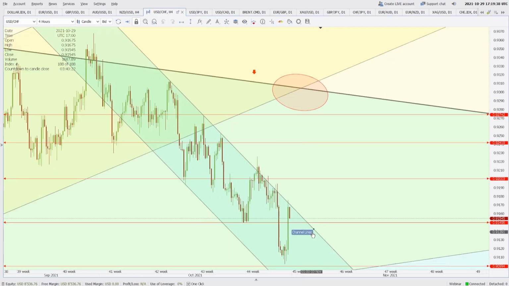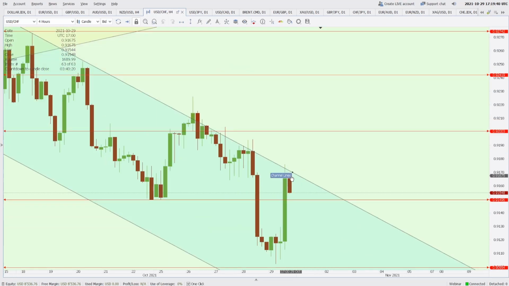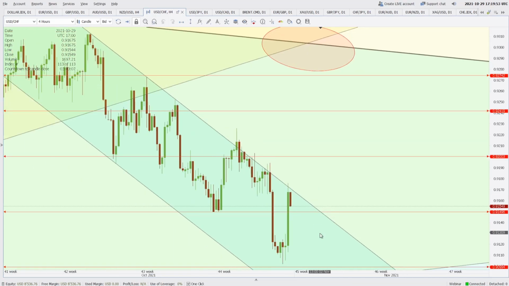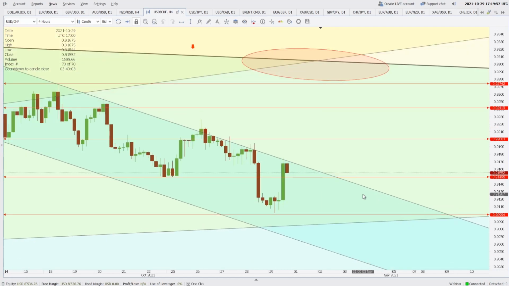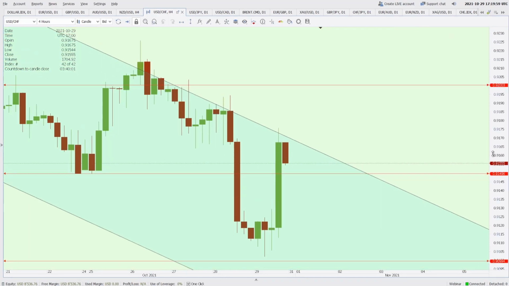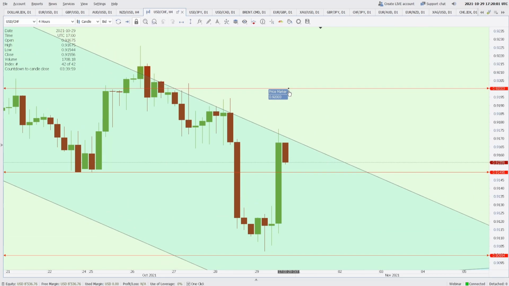This was the falling channel's resistance line, and now it is quickly going back below, and it is only 5 pips away from this level which we had marked on the chart. And if it closes the day below this level, then we can see the 0.9099 level soon. Now from the dailies, from the intraday point of view, 0.9200 is the next resistance and 0.9149 is the support in this market.